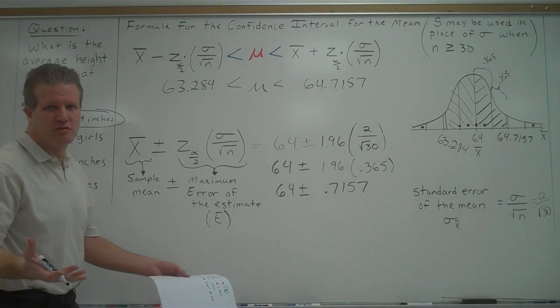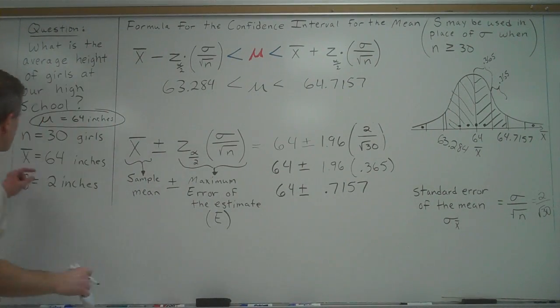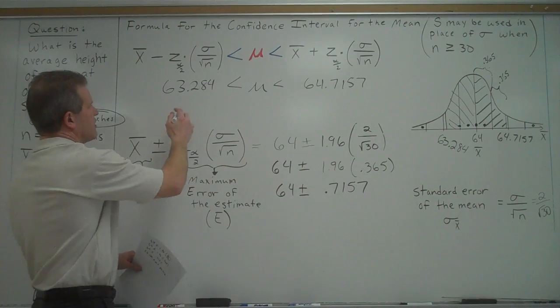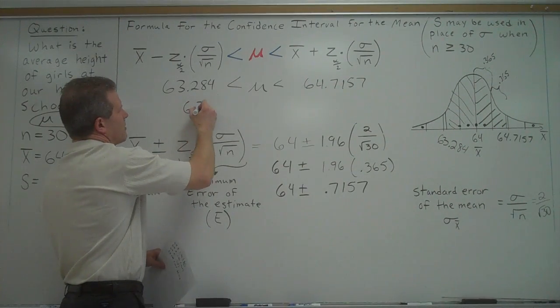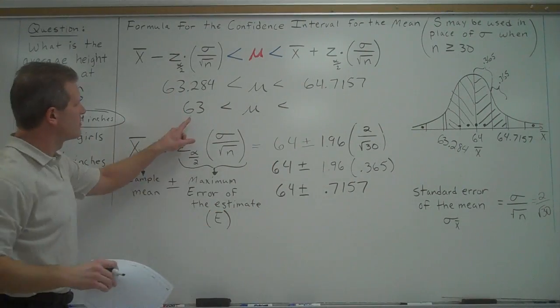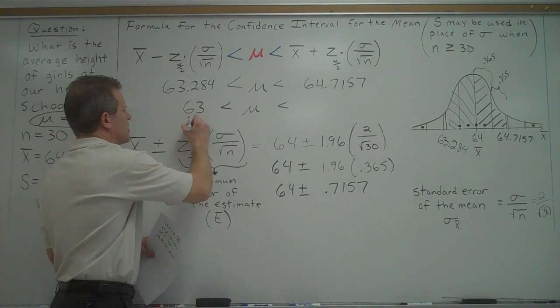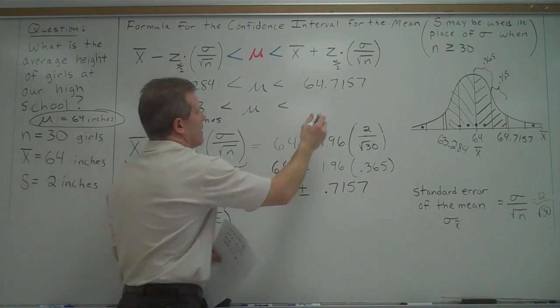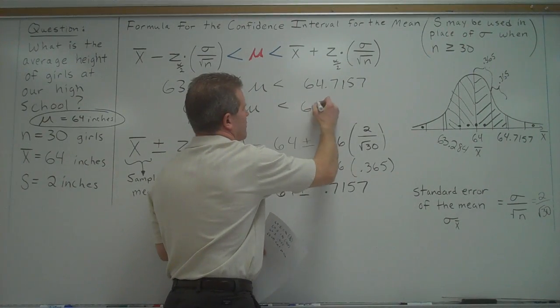If we round, as our textbook says, that if we're given numbers to the nearest whole number here, then we would round this to the nearest whole number. So I'm estimating that our population mean is somewhere between 63 inches and 65 inches if I round that to the nearest whole number.